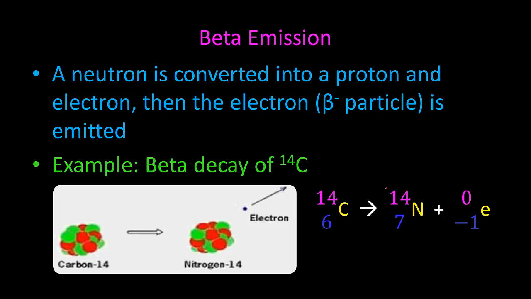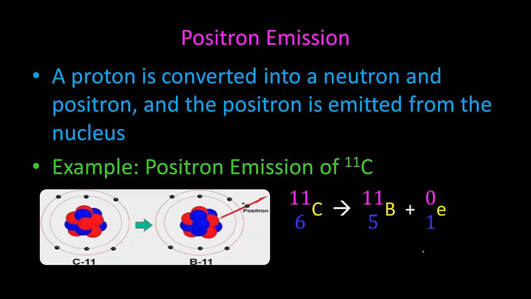So all of these numbers have to be balanced: on the product side, the mass numbers have to add up and equal the numbers on the reactant side, and the same thing for our atomic numbers. We have to do this for nuclear equations. And 6 is equal to 7 minus 1. So we're good. We're going to go over numbers 3 and 4 in class as well.